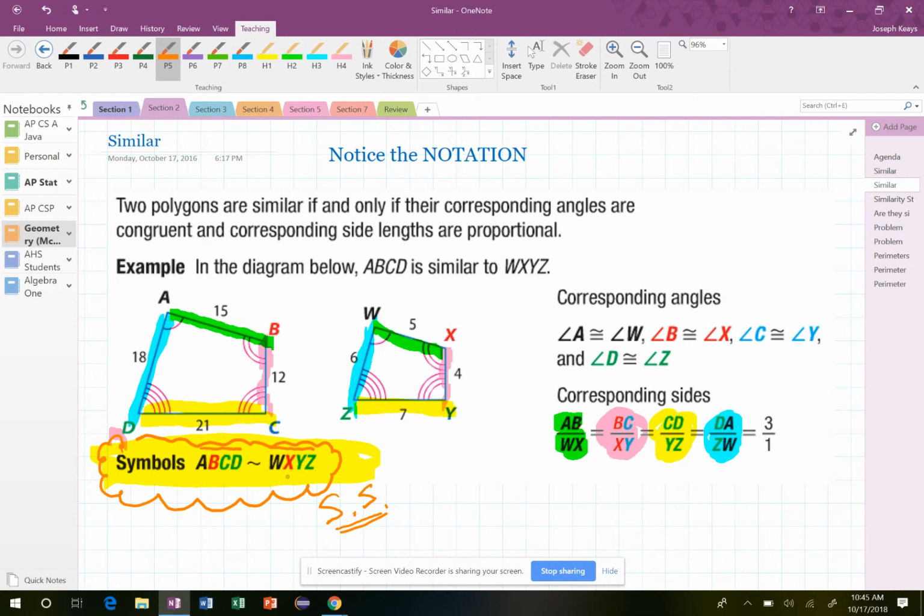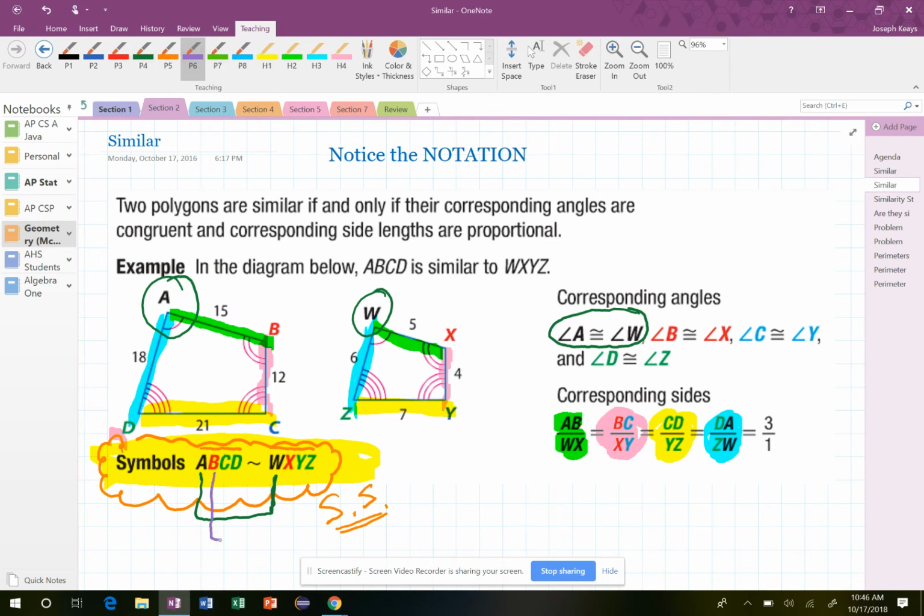Now, the order of this notation in here is absolutely critical. It's telling you these two letters match up, A and W, and notice A is between blue and green, W is between blue and green. Those two angles are going to be congruent because that's one of the characteristics of similarity. The corresponding angles are congruent.